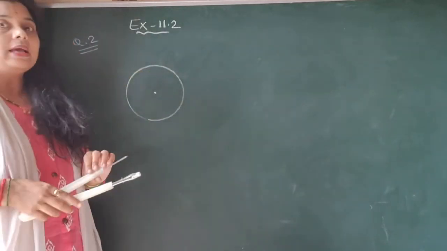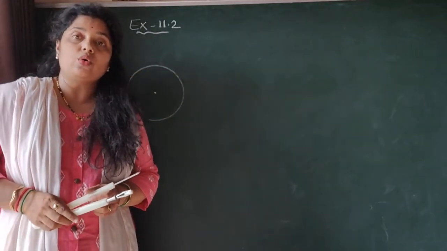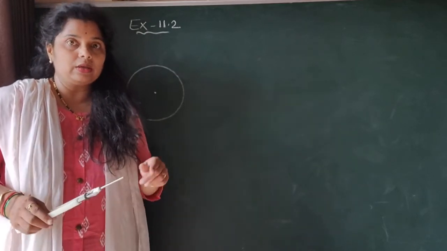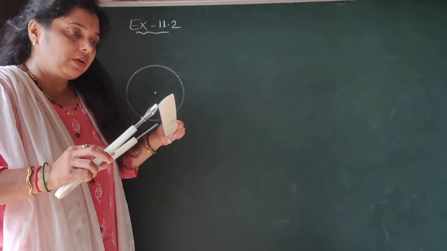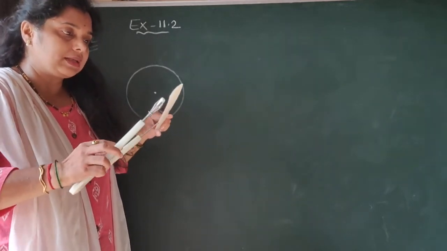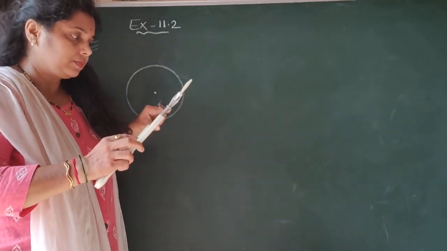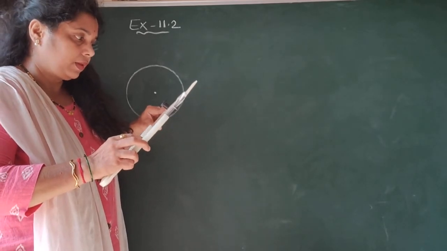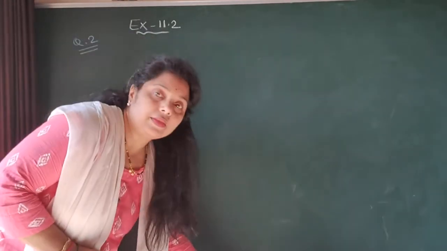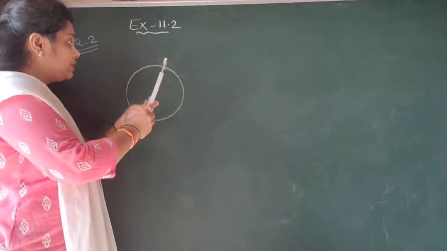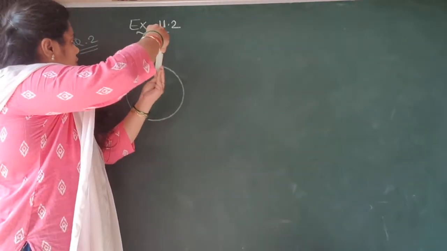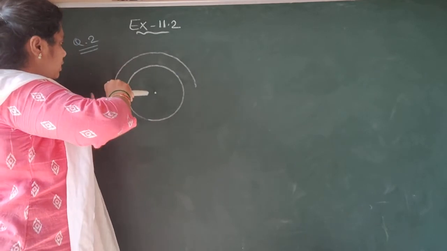As these are concentric circles having radius 4 and radius 6, again we have to take a radius 6 like this. Then with the same center, as they are concentric, we have to draw another circle.